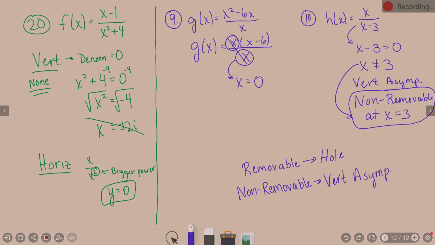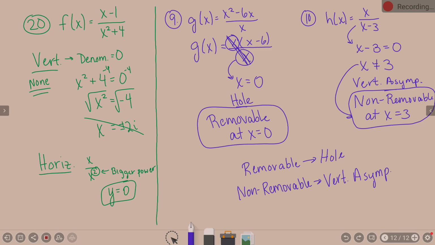Well, because these x's can cancel, because there's a factor that can cancel, it's going to be a hole. Which means when you look at the graph, are you going to be able to see it? Not really. Okay, so holes are removable. And where is this removable discontinuity at? At x equals 0. So wherever your denominator equals 0.